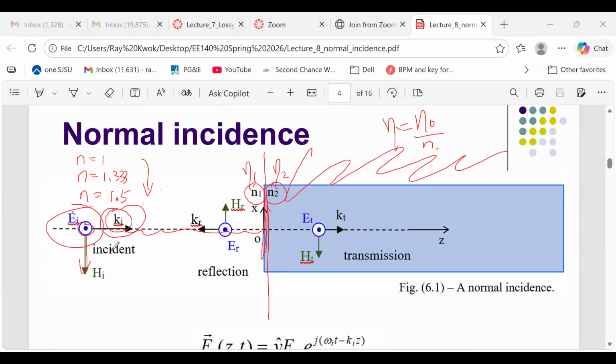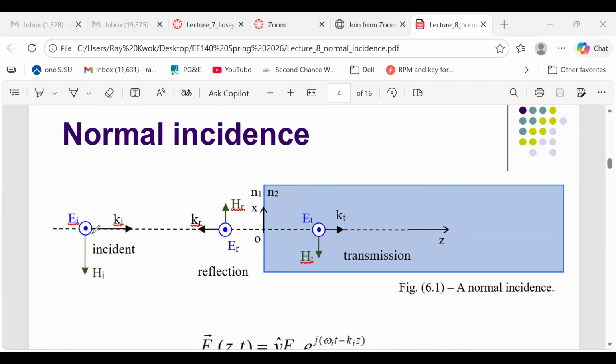Now, if I know only one of them, if I know the E field, then you can tell me what the H field is already. If I know the incident electric field, you can tell me what the reflected electric field is by knowing the medium. And that's what we want to figure out. So once we know one thing and know the medium, we know everything about this signal.